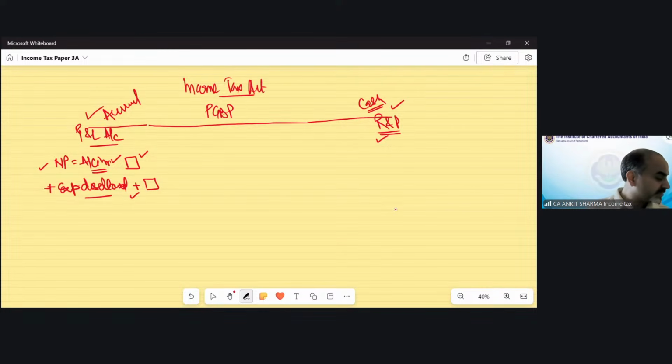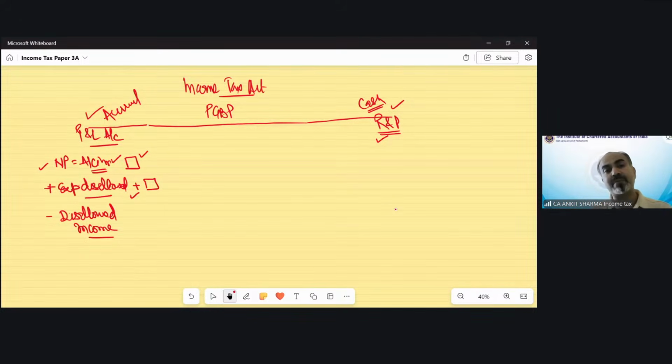And in the same way, we need to disallow certain income which has been included in this profit. The effect of those incomes which have been credited in the profit and loss account as per accounting provisions, which should not be part of my business income, I have to remove, so I need to reduce it from the given profit.